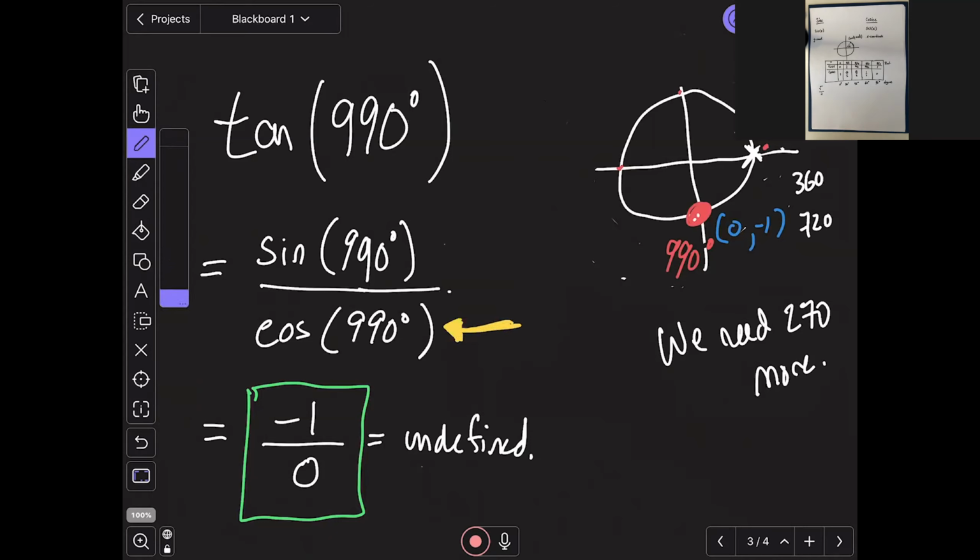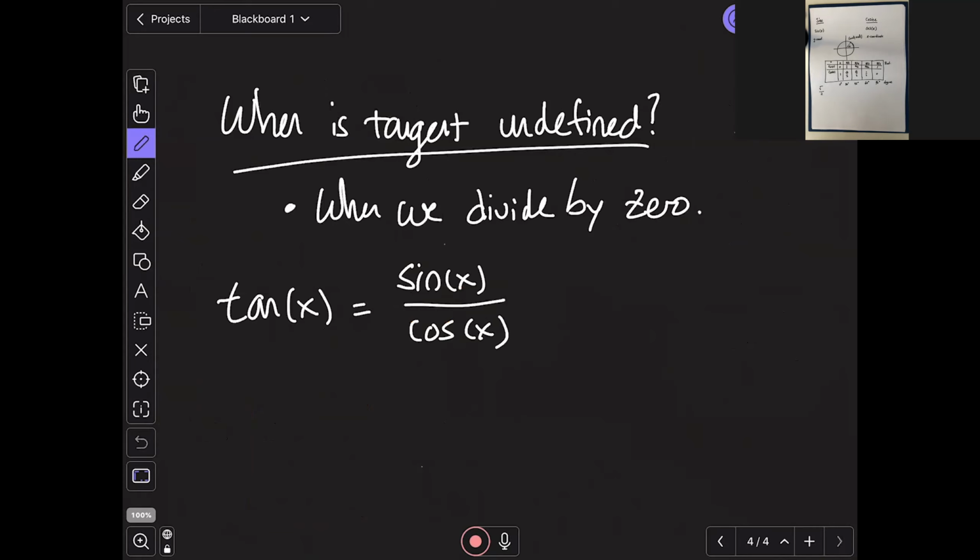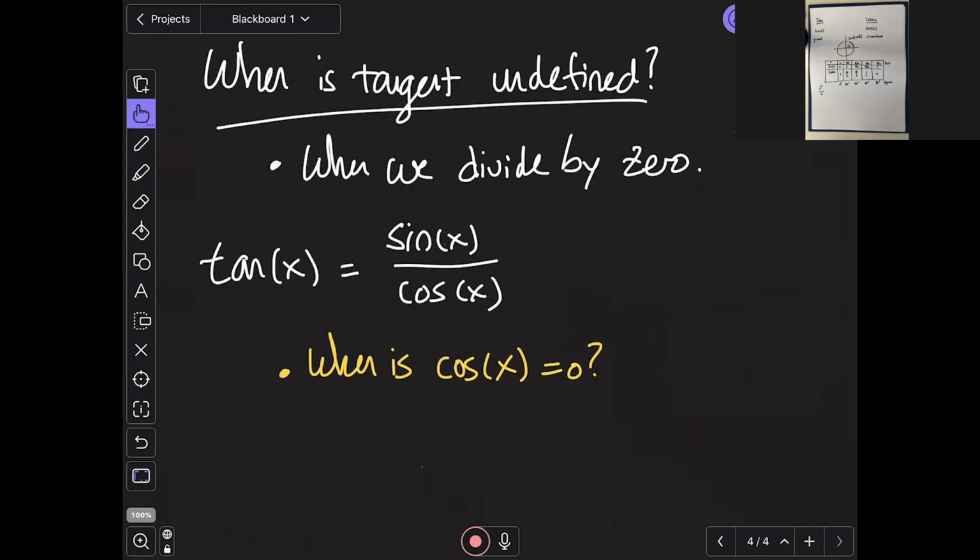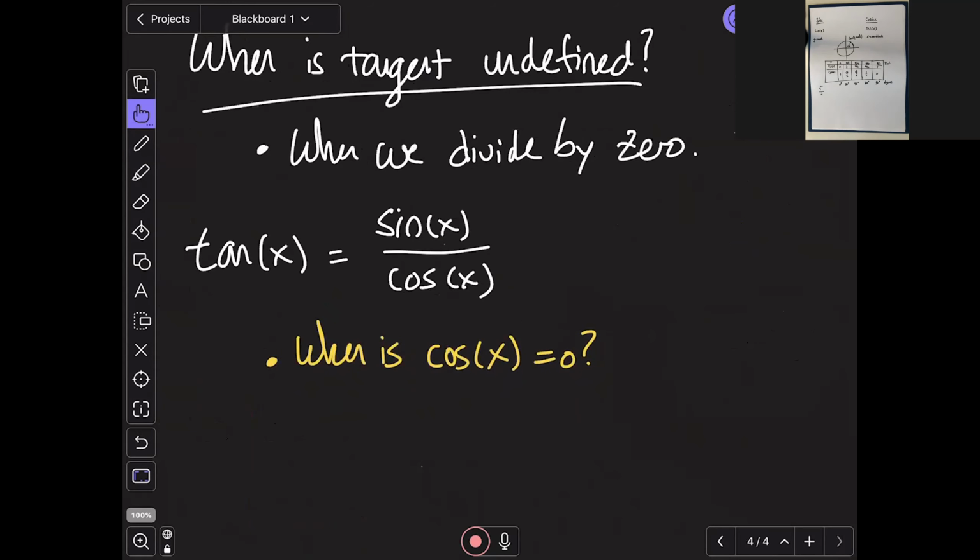So now the question is, when is cosine 0? Any ideas? Whenever a point is on the y-axis.